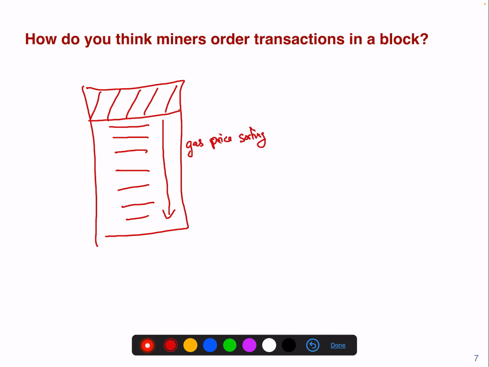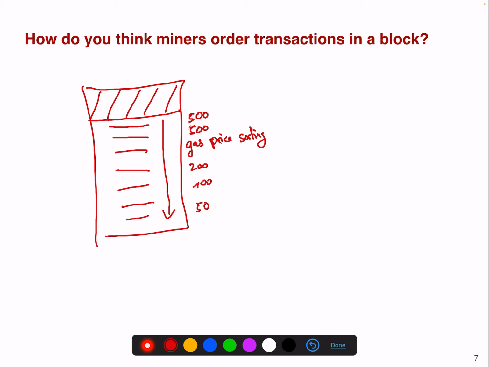So that is because if the gas price is higher, let's say here these pay 500 gigawei, and these pay 200, and they pay 100, and these guys maybe only pay 50, then obviously these transactions here are more lucrative to the miners, right? They're going to receive these transaction fees, and this will yield a higher reward to them.